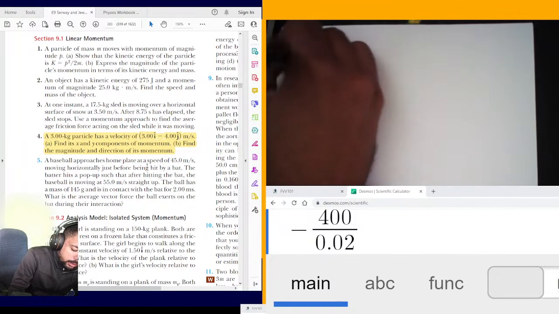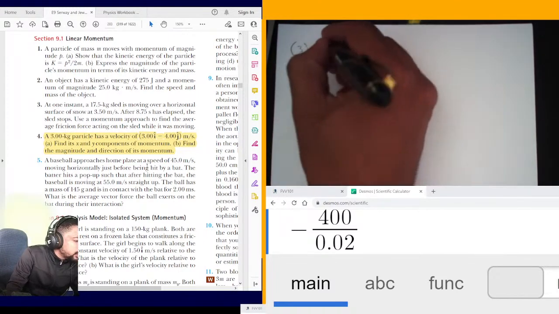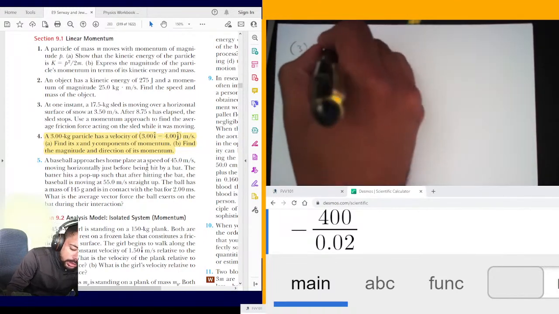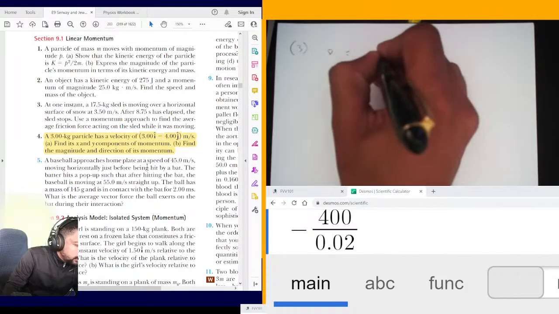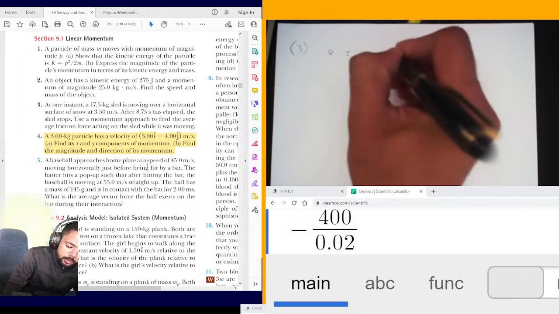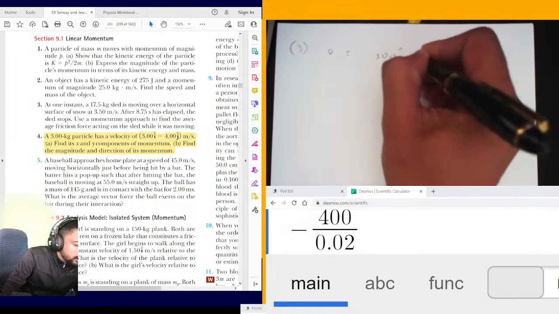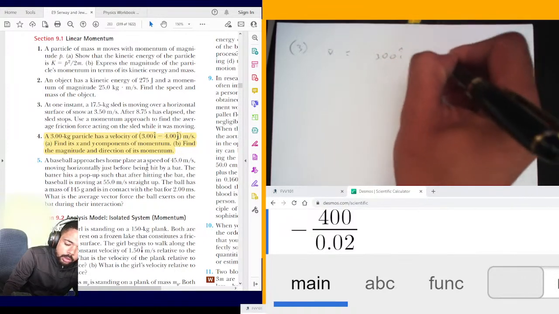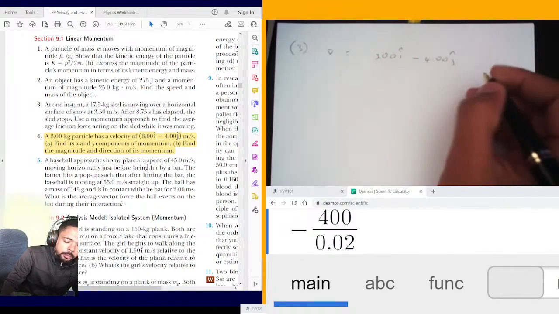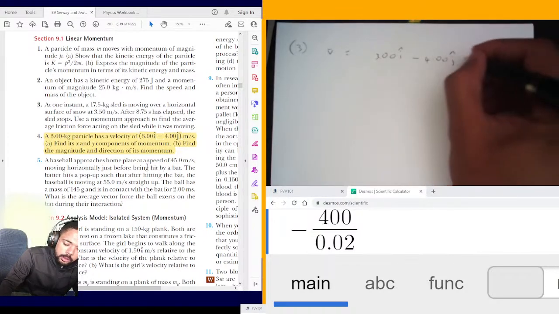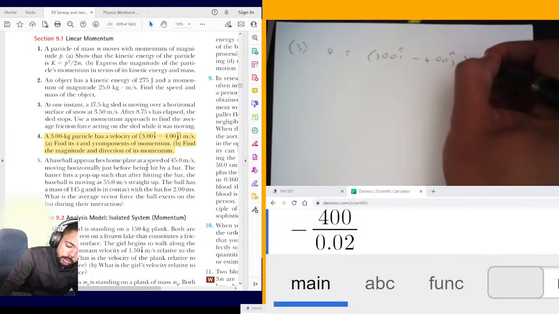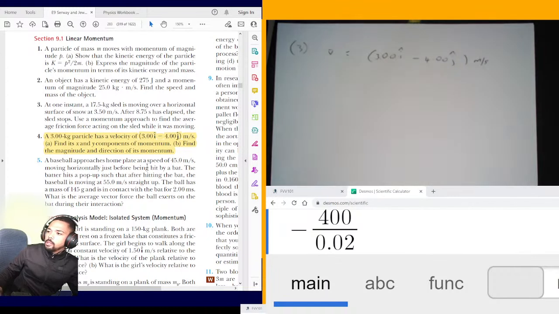This is number 3, and we only deal with meters per second in this course.